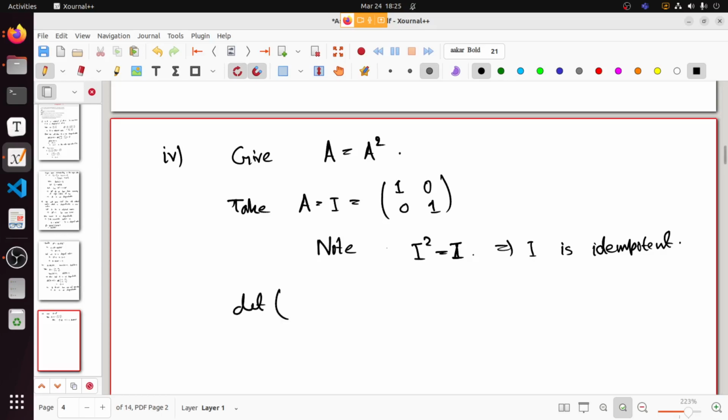Determinant of I minus lambda I. Or you can see that this is already a diagonal matrix, so the eigenvalues are the diagonal entries. No need to check.